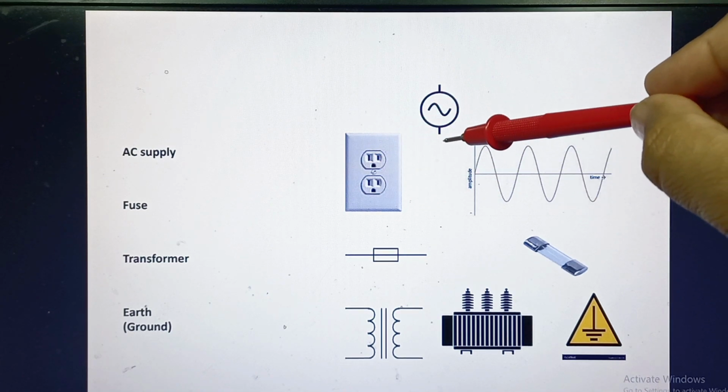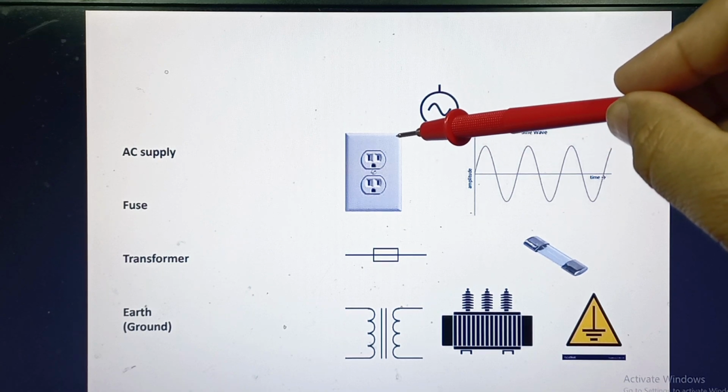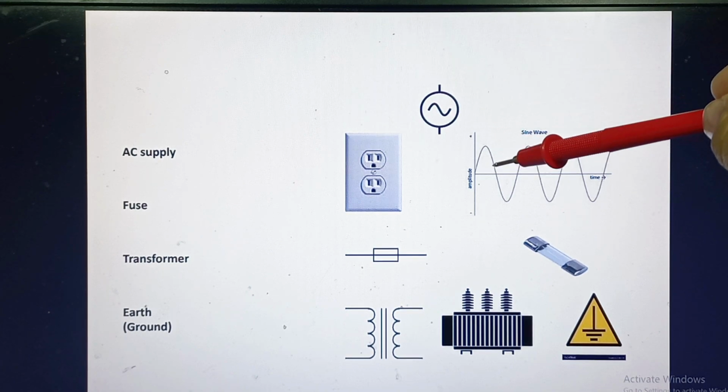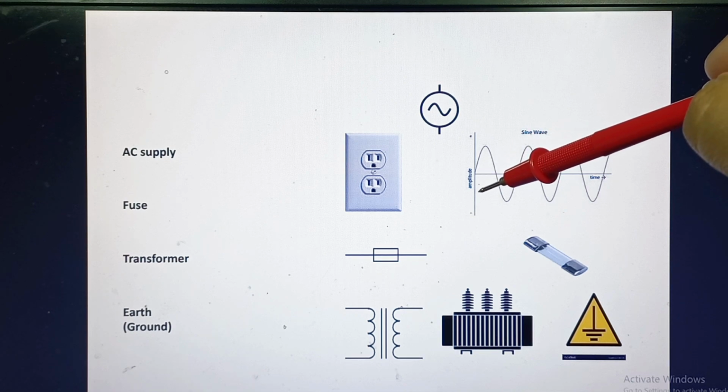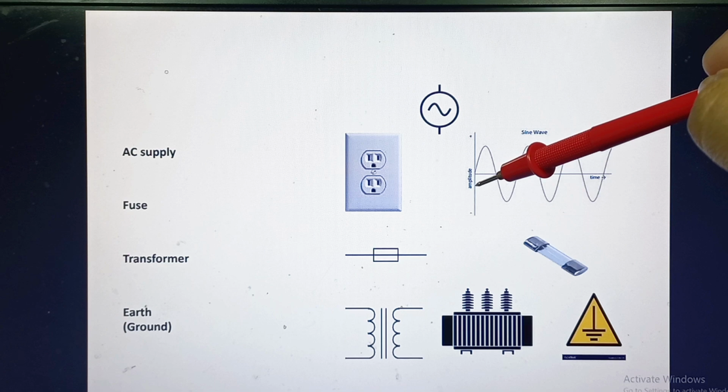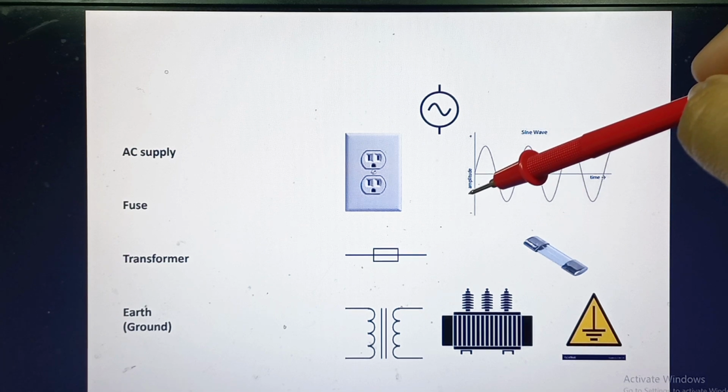Alternating current is an electric current supply which periodically reverses direction and changes its magnitude continuously with time.